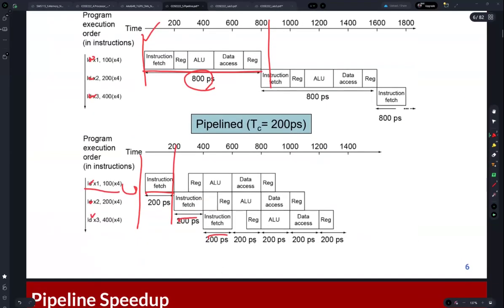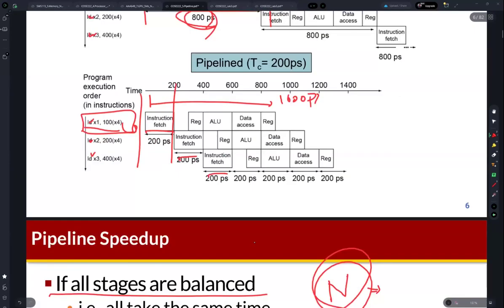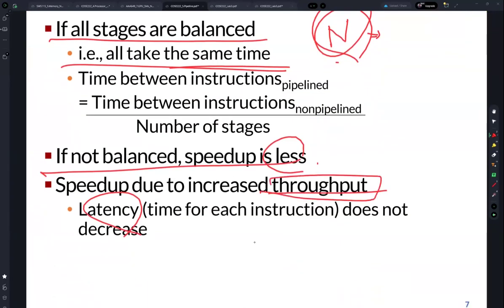If we check a single instruction, the latency becomes 1000 picosecond, while for the single cycle processor, it's 800 picosecond. But the throughput is improved, which means within the same time, more instructions can be executed. So throughput is improved. Okay, this is the pipeline design.